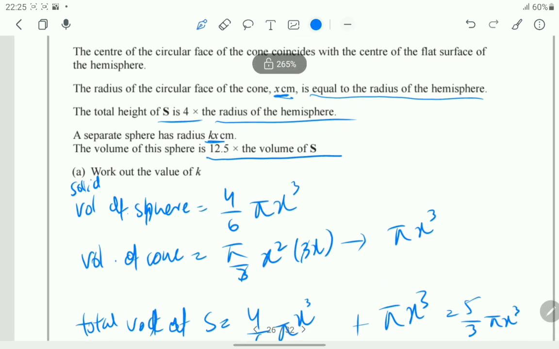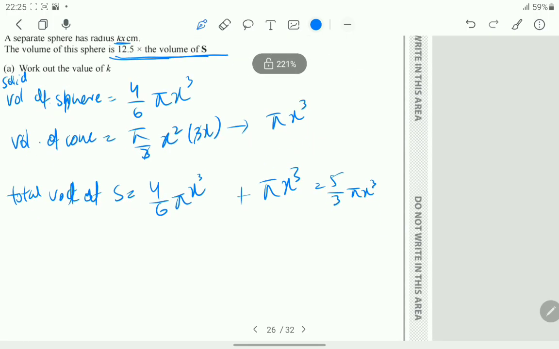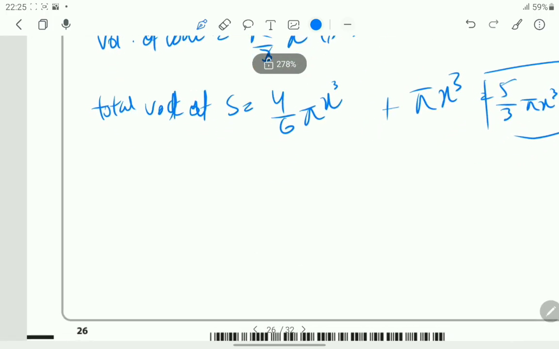And now there is a separate sphere which has the radius kx centimeter, and the volume of this sphere is 12.5 times the volume of S. So the volume of S times 12.5 would be the volume of the other sphere.